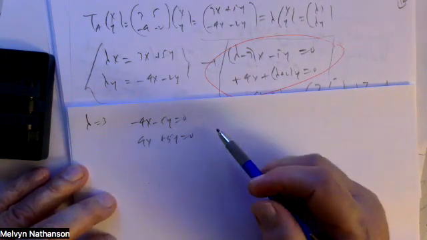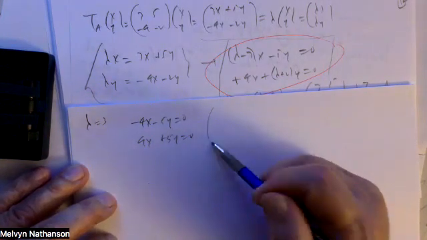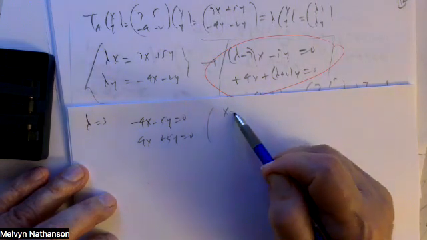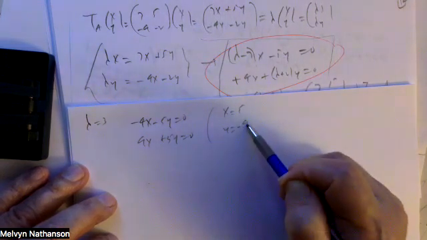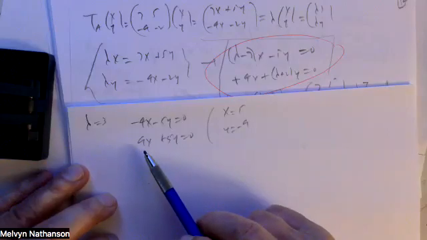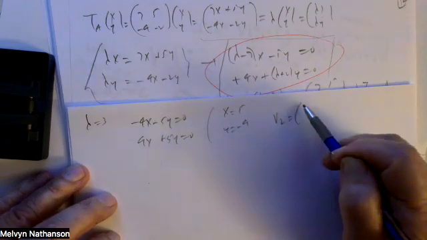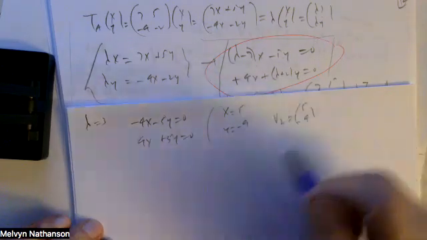So this is basically the same equation, and one solution is x equals 5, y equals minus 4. 20 minus 20 is 0. Suppose I take the vector v2 to be 5, minus 4.